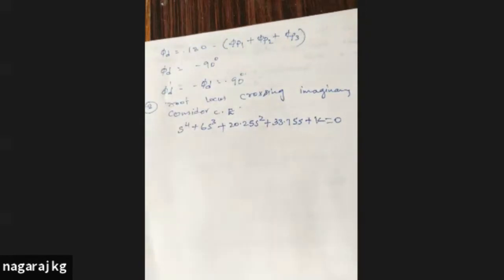This is the characteristic equation we already got. From this characteristic equation, we'll try to find out the root locus crossing the imaginary axis.